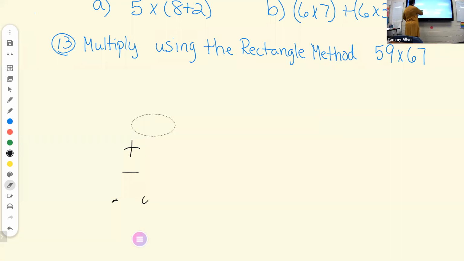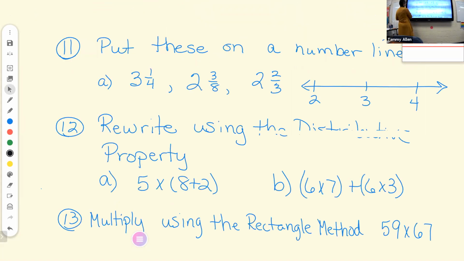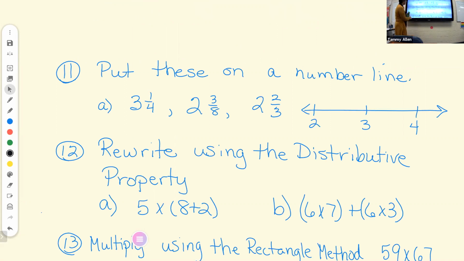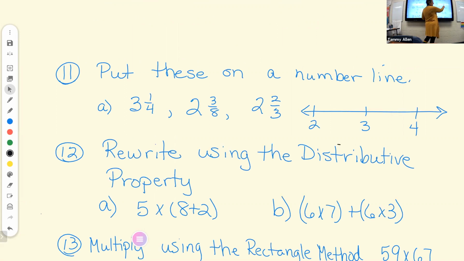As we take a look at the ones that were up here on the board, we're going to put those on a number line. 3 and 4. Tell me when to stop. Eduardo, tell me when to stop for 3 and 4. Yeah, it should be right in here.